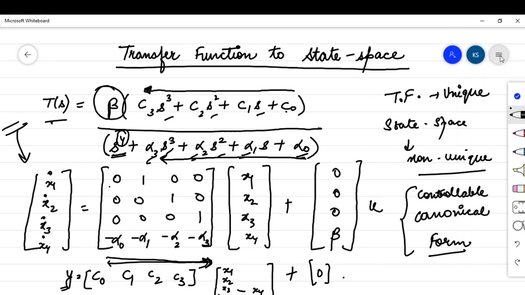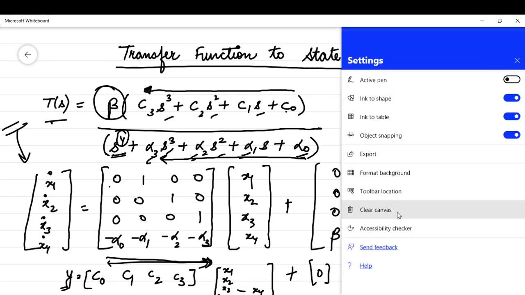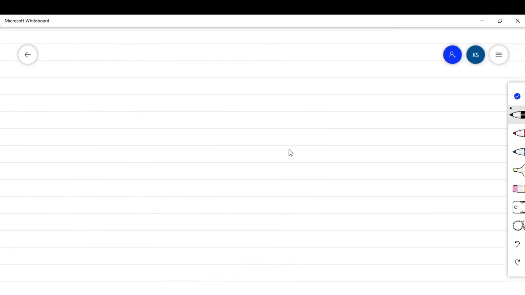I will discuss the next form, which is known as observable canonical form. The same transfer function can be represented in another state space model, which is known as observable canonical form.